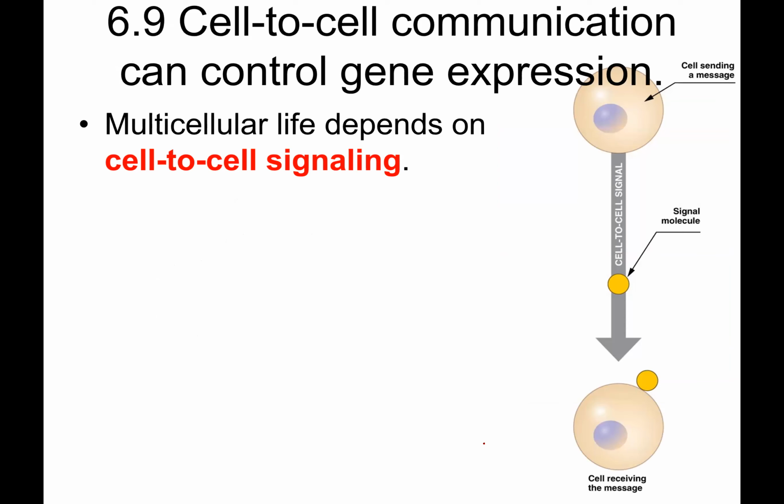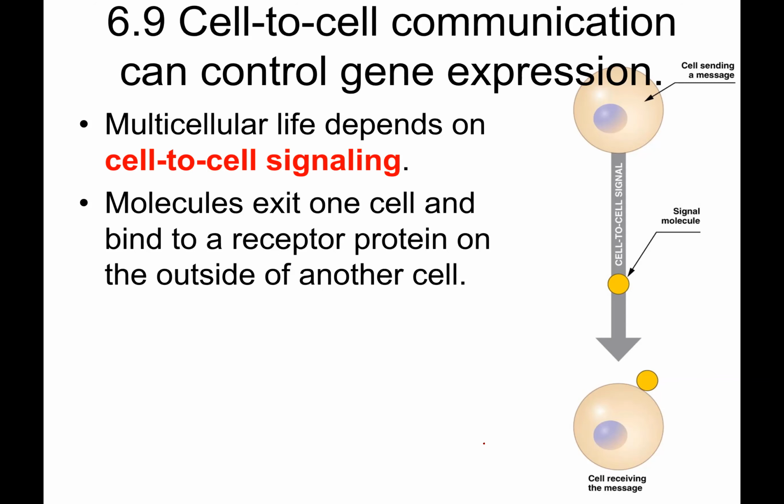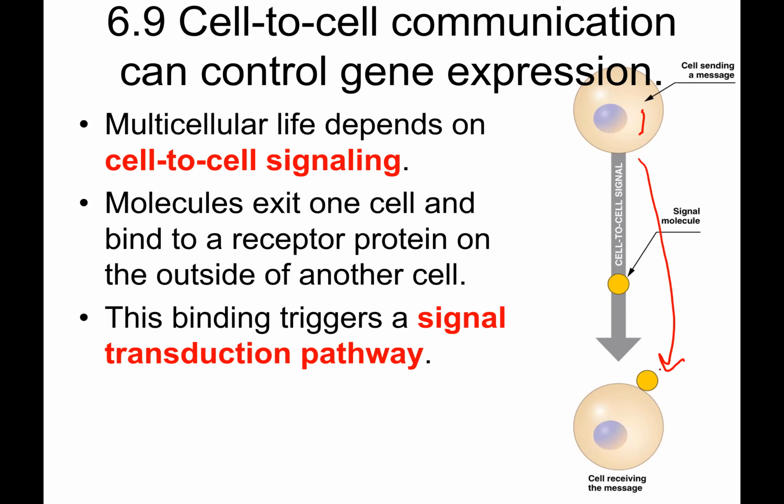Okay, so multicellular life, life with more than one cell, so this is us, depends on cell-to-cell signaling. And molecules exit one cell, travel to another cell, and bind to the outside.